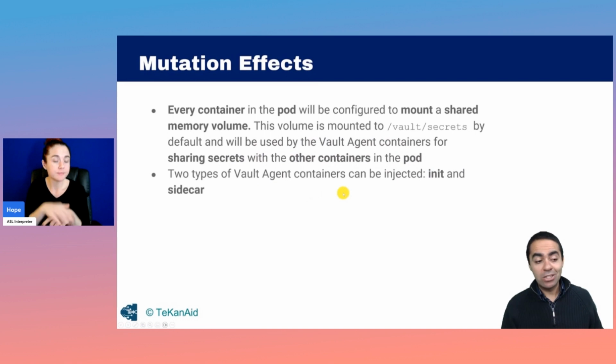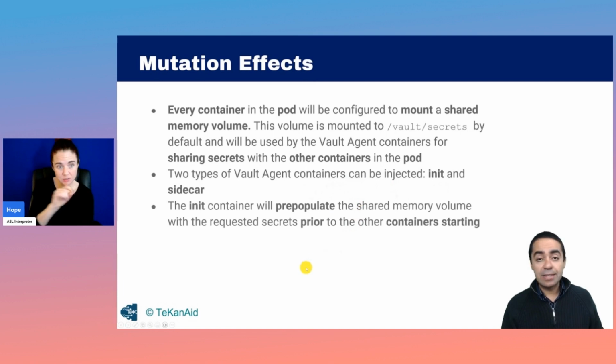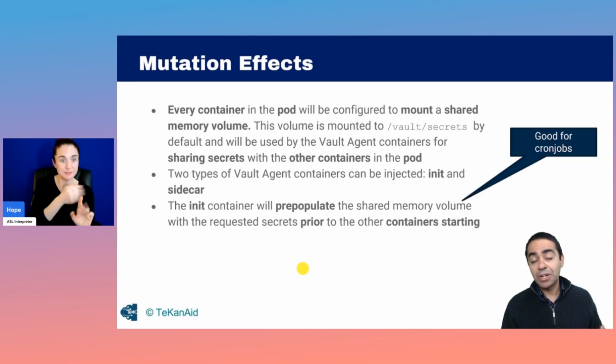There are two types of Vault agent containers we can inject: the init and the sidecar. The init container will pre-populate the shared memory volume with the requested secrets prior to the containers starting. And these are very good for cron jobs. So if I'm running a backup job, for example, using cron, I will use the init container for that.